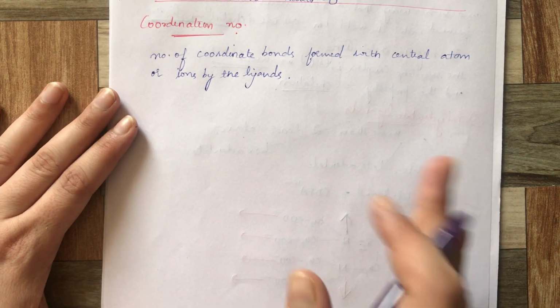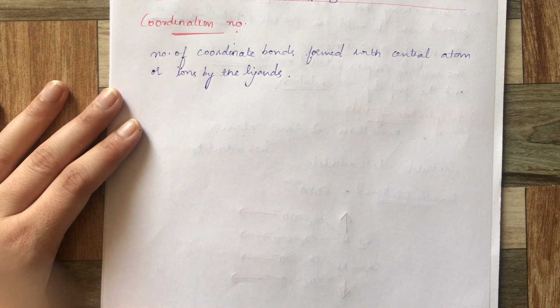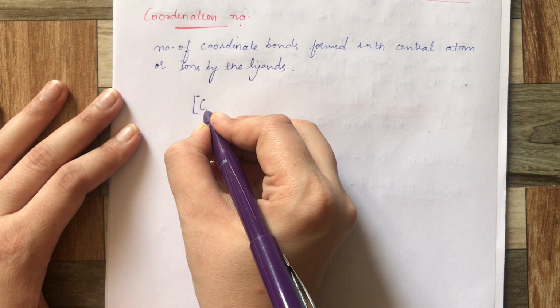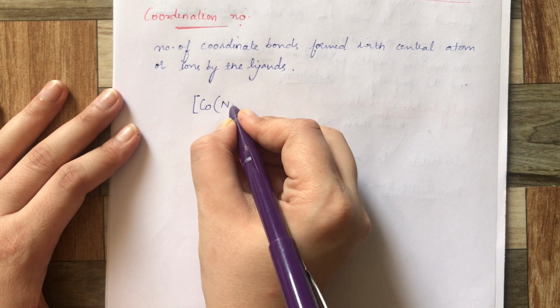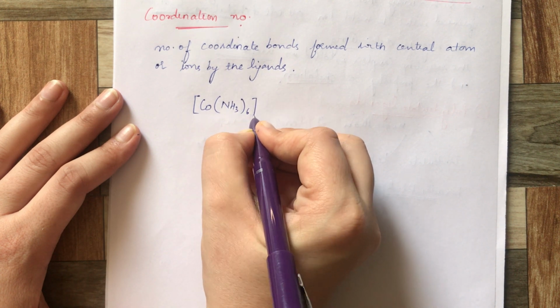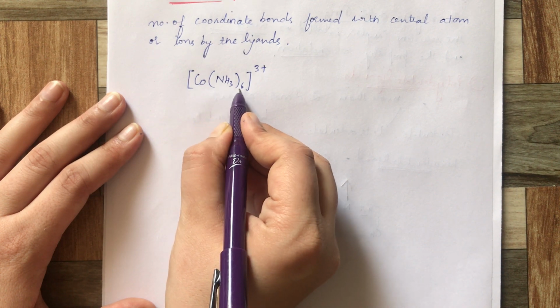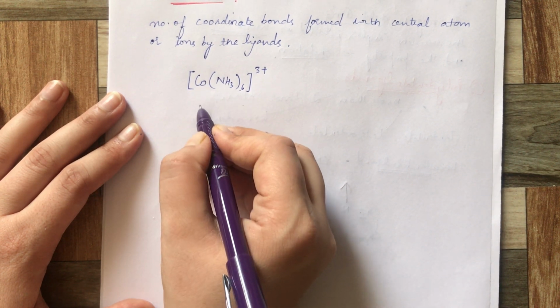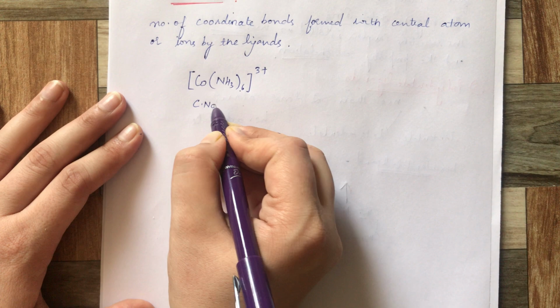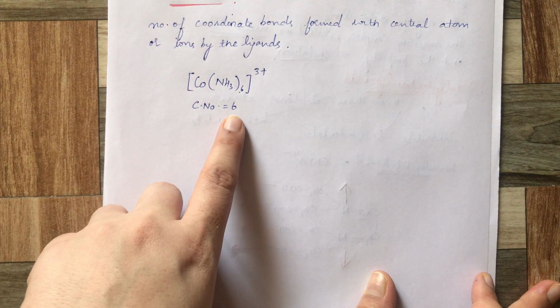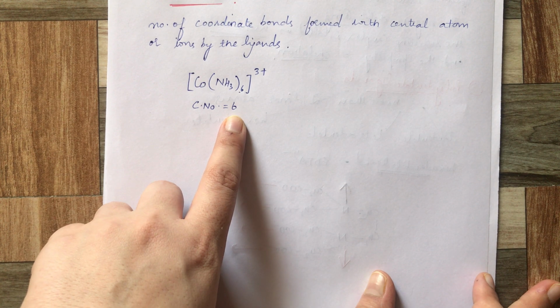So that's very tricky. Suppose you have Co(NH3)6 3+. Here the number of ligands is 6, so it's very easy because the coordination number is 6. Just by seeing the ligands you can predict the coordination number to be 6, right?